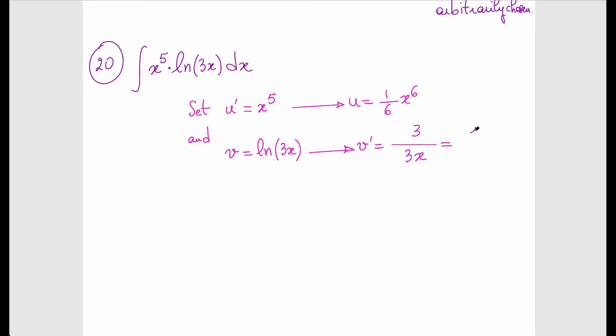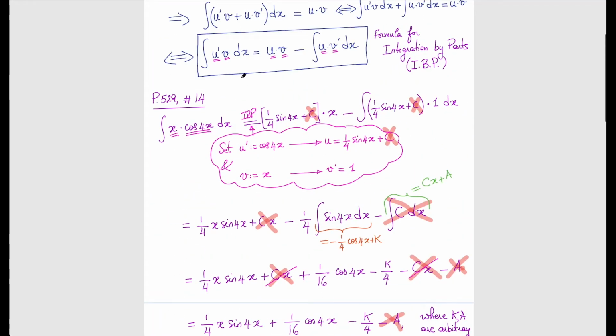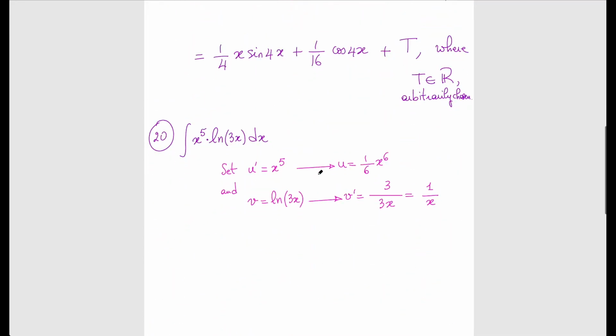Correct? So this is actually 1 over x. So I found all the ingredients needed to transition from the left side of the integration by parts formula to the right side. So I'm going to get uv minus the primitive of uv prime dx.